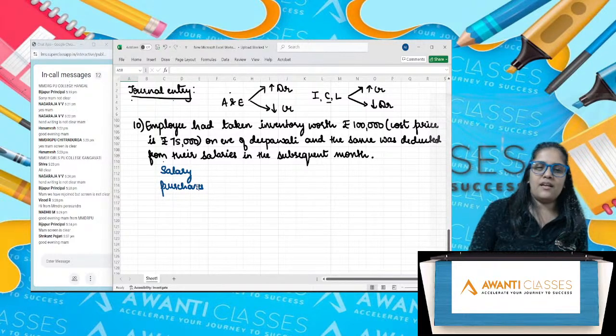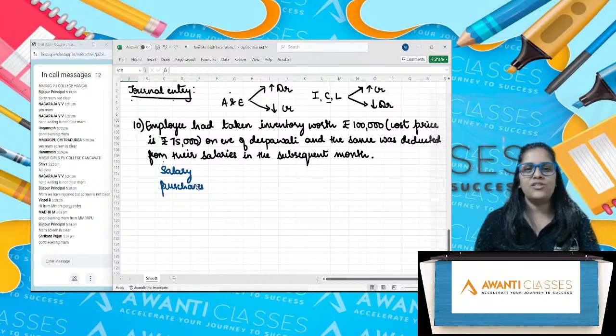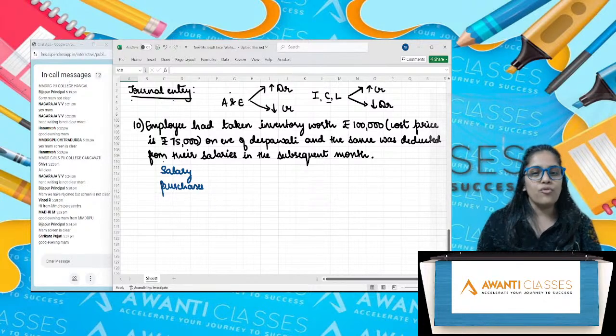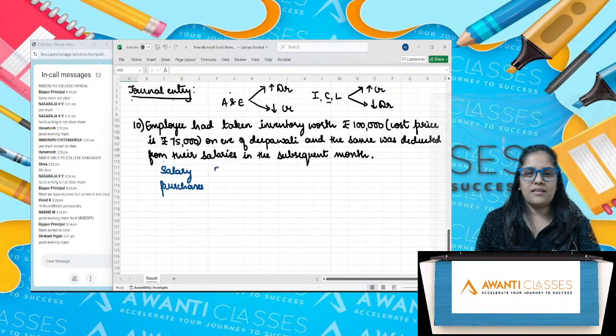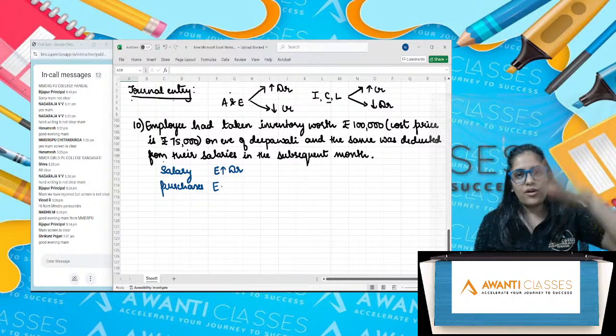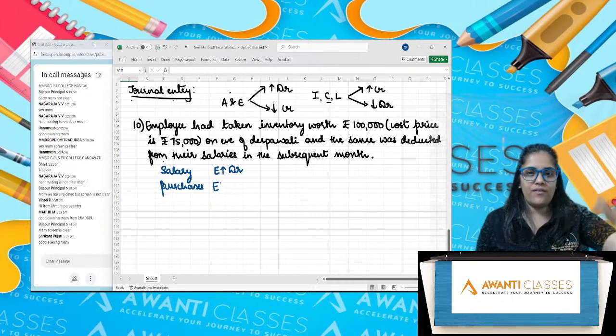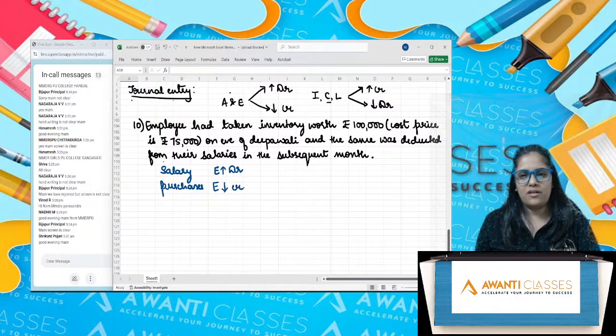So instead we are giving salary in form of goods. Salary is an expense. Expense will increase, therefore debit. Purchase is also an expense. But our goods are going to decrease because we are going to give away the goods to them. So expense will decrease, therefore credit.